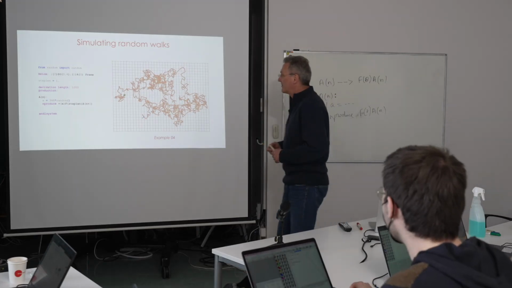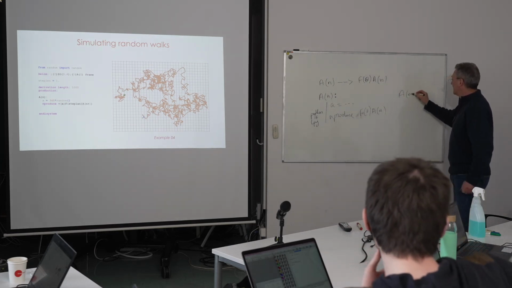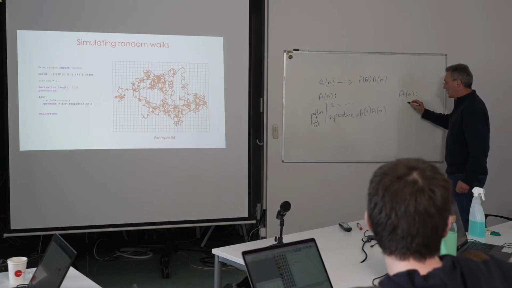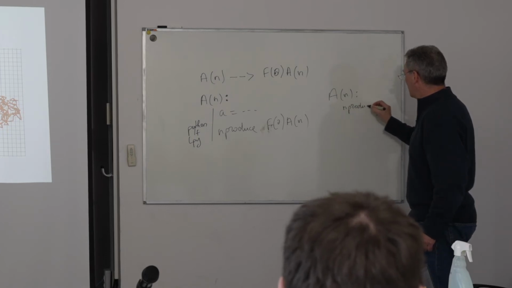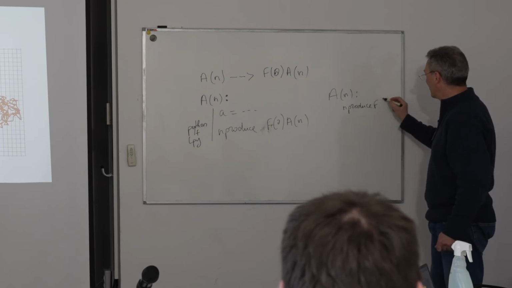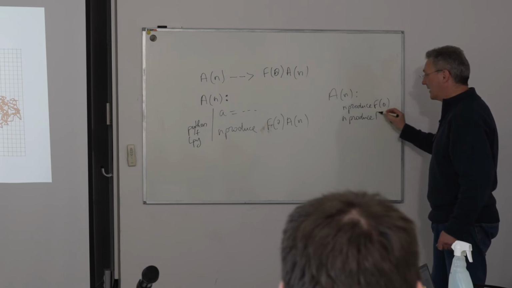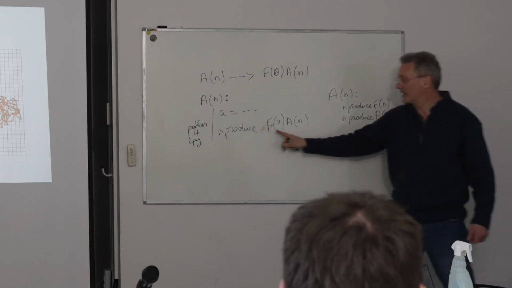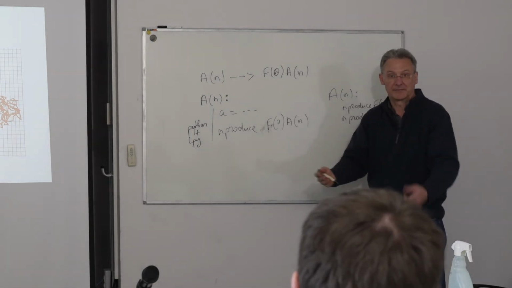So I can write a rule like this, A of n, nProduce f of 0, nProduce A of n. I construct my output in several steps. Okay.